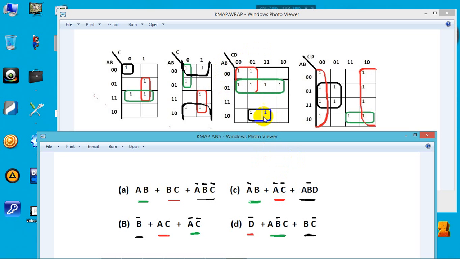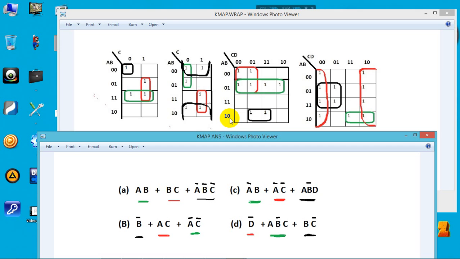When we come to the black group, you can see that we have our A to be 1 and we have our B to be 0. So you write our A, since it is 1 and it is also returning 1 values, and you also take the B into consideration.